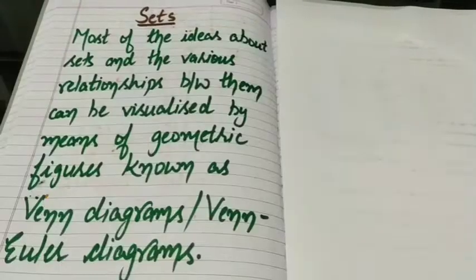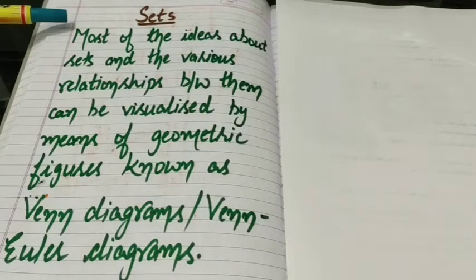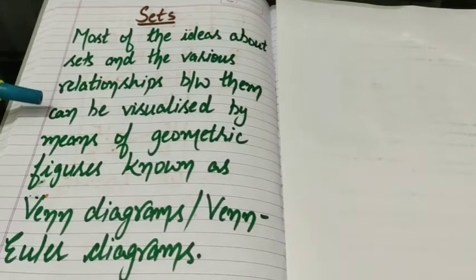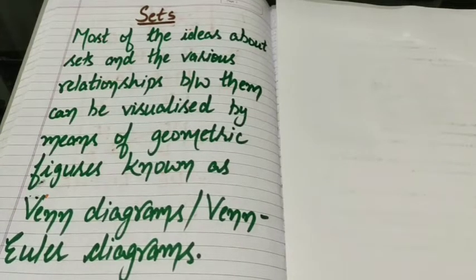But students, there is one more way to find the relationship between two sets, and that is with the help of geometrical figures, which we call Venn diagrams. So we define Venn diagrams as: most of the ideas about sets and various relationships between them can be visualized by means of geometrical figures known as Venn diagrams or Venn-Euler diagrams.